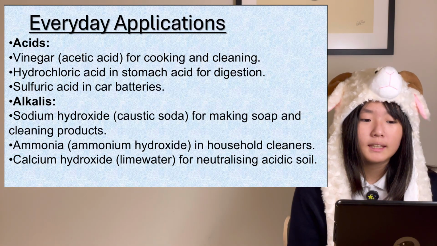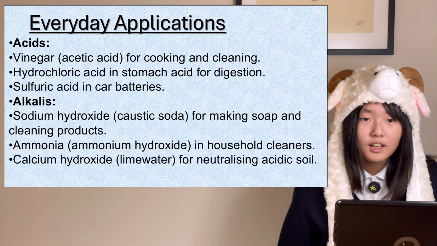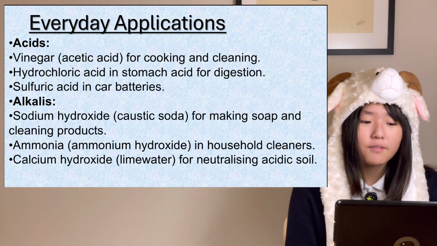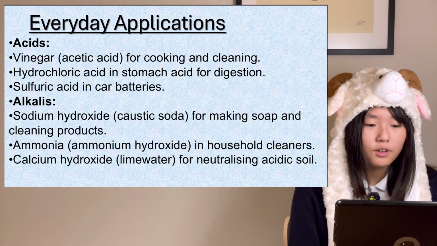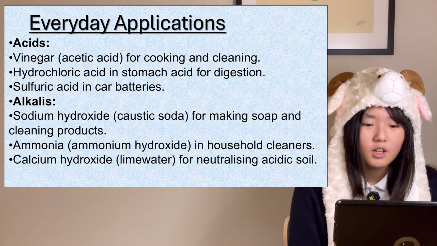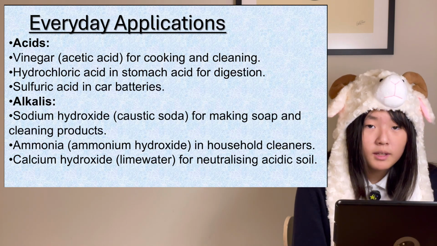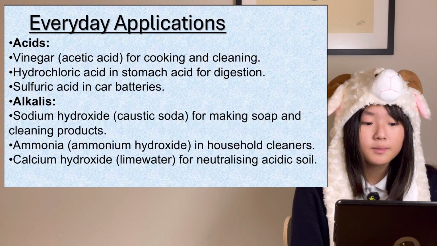Now, you might be thinking that you don't see any acids or alkalis in your day-to-day life, but you'd be wrong. Here are some acids and alkalis that you use in your day-to-day life. For acids, you use vinegar for cooking and cleaning. Hydrochloric acid is in your stomach for digestion, and sulfuric acid is in car batteries.